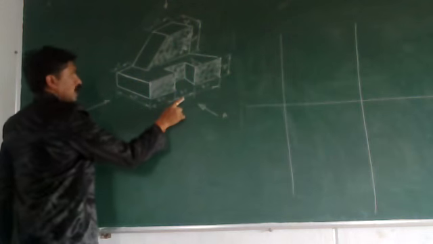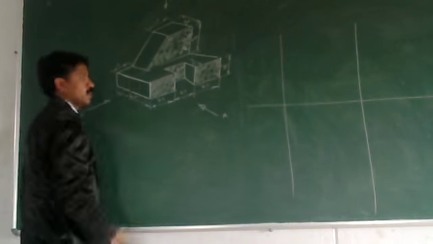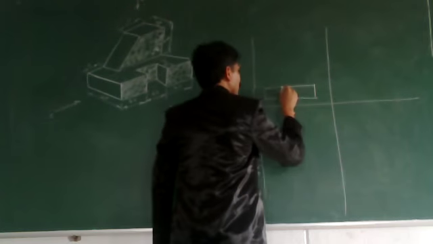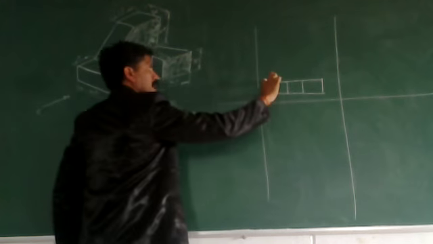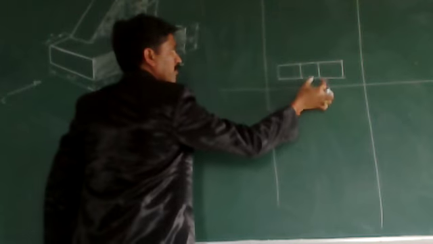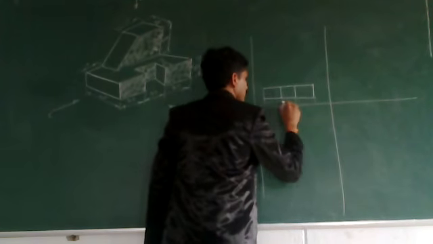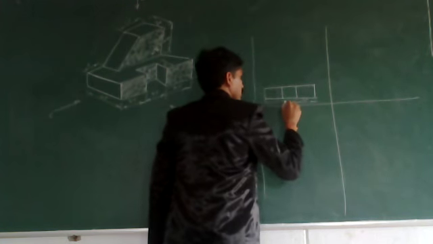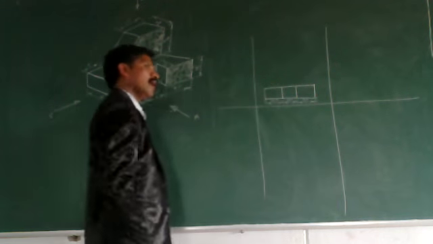Okay. So the total length is 75 and base height is 50. First of all, finish this one. See, this height is 50, 25, 25, 25. This is 25.